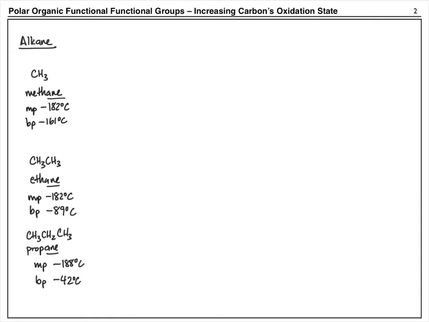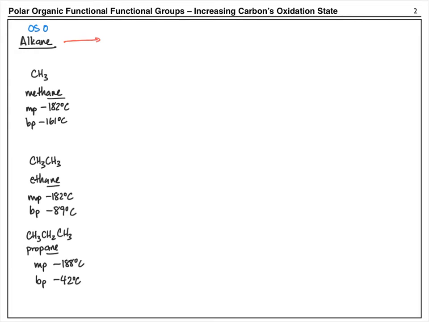These molecules are what I'm going to call an oxidation state of 0. So I'm going to write that in blue up here. Alkanes are oxidation state 0. We're going to learn some reactions over the course of this semester and next semester.